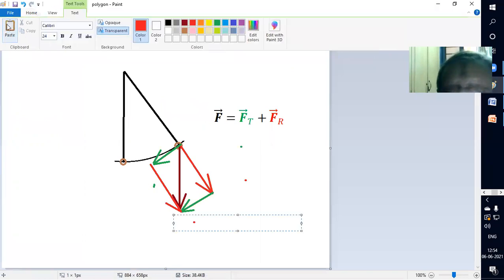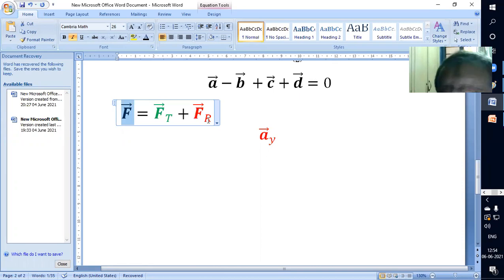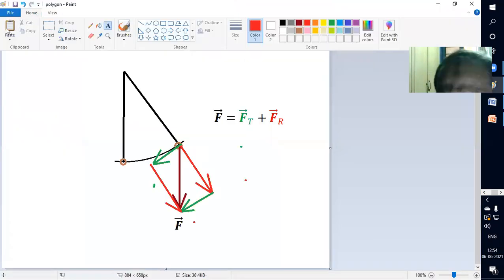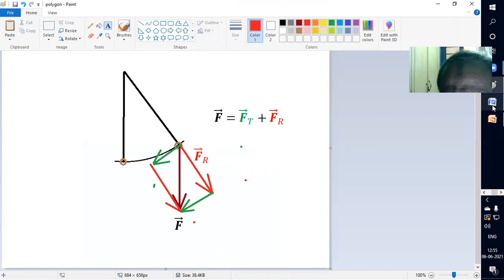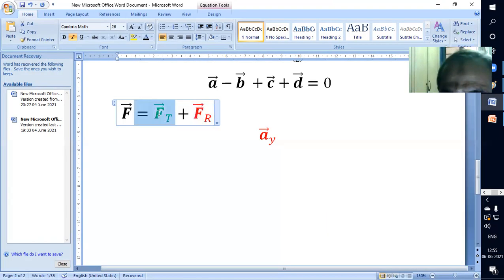This is gravitational force acting in the downwards direction. And next, this is the radial component of the force, which is shown in red color. And this is the tangential component of the force, which is shown in yellow color.